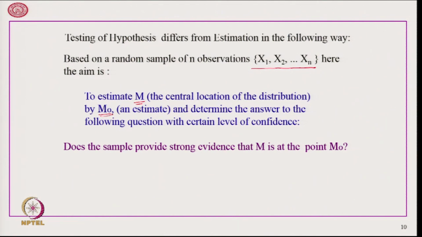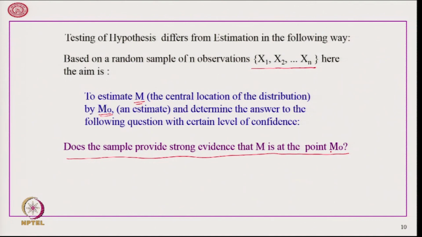M naught is an estimate which may be based on the sample or which may be theoretically thought of, and determine the answer to the following question with a certain level of confidence: does this sample provide strong evidence that m is at the point m naught?